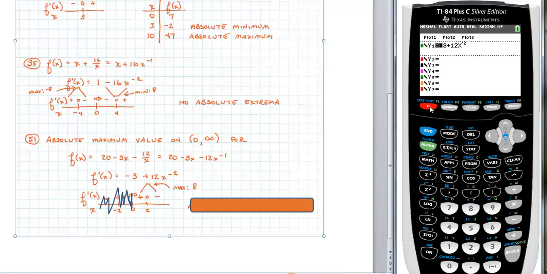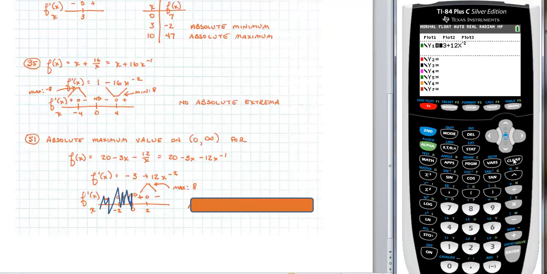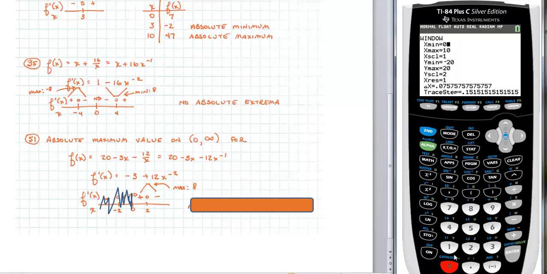So let me go to y equals, graph the original, but I am going to restrict my window because I want to see if this is in fact the case, because I am given this restriction here. So let me ask it to graph.